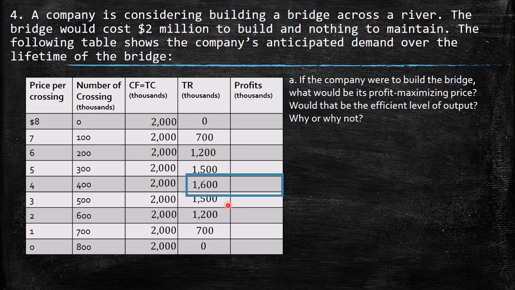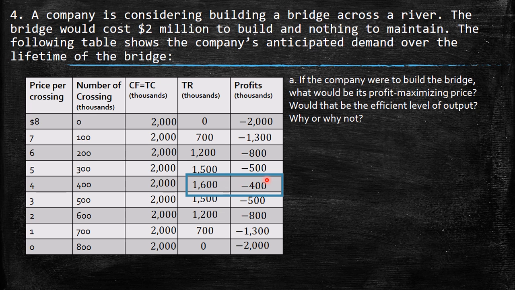Then the profit is going to be total revenue minus total cost. At that time no one crosses the bridge, but you still need to pay the investment, which is going to be 2,000. So then the profit is going to be 2 million, and then it goes like this. Then at that point, unfortunately, they don't have any profits. Okay, this one maybe is not efficient.